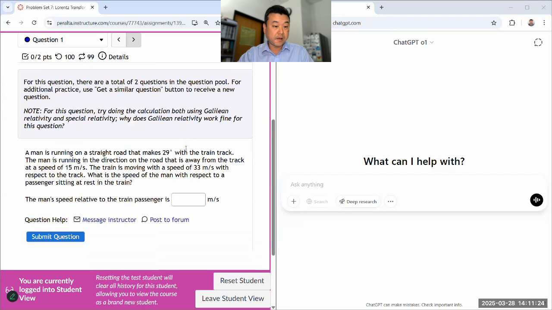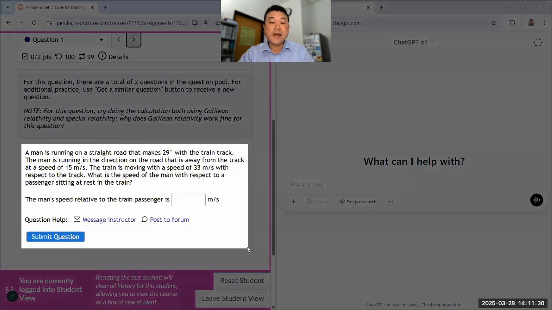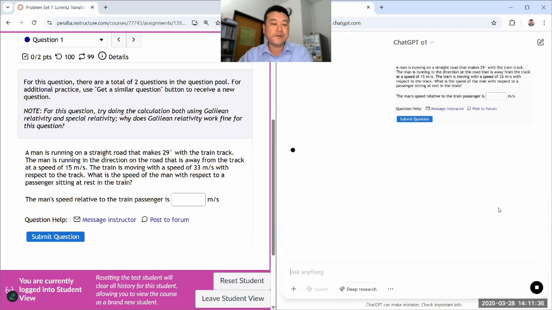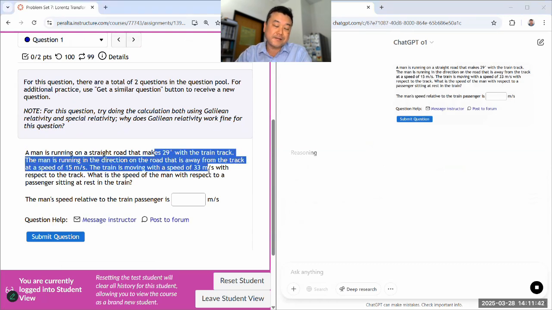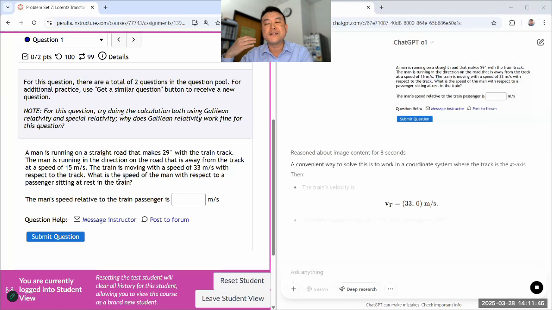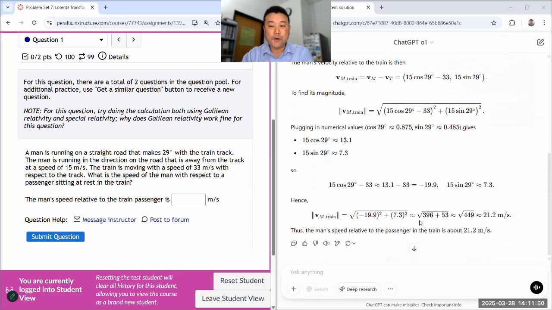For example, if you simply copy and paste in questions, then it'll just answer the whole thing. And if you wanted the answer, you don't need ChatGPT. You've got my homework helper videos. I did show you all the formulas. Now the numbers will be different. So with ChatGPT, you can do even less work. But in terms of what's beneficial for your learning, don't do this, because it won't help you learn.